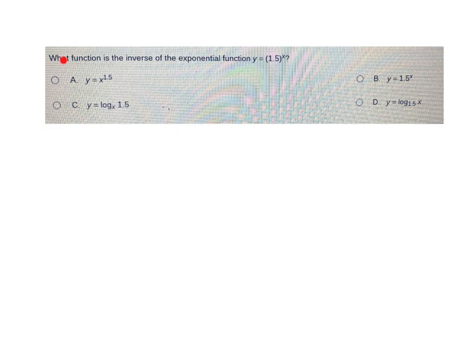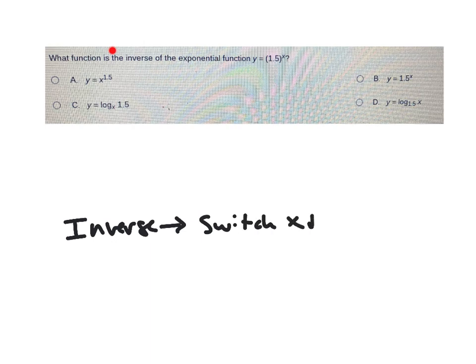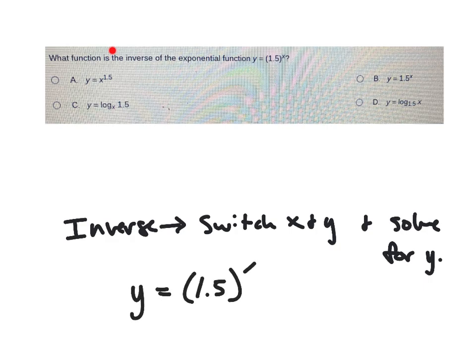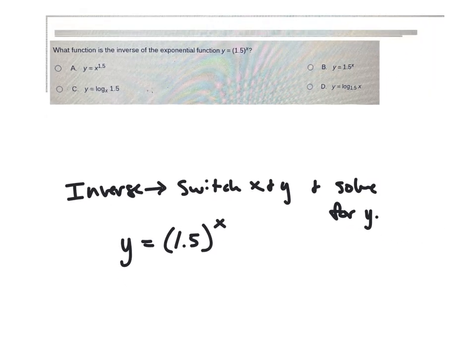On this one it says, what function is the inverse of the exponential function y equals 1.5 to the x power? Remember, when we're finding inverse functions, that means you switch x and y and solve for y. We've got y equals 1.5 to the x, so let's switch x and y: x is equal to 1.5 to the y power.